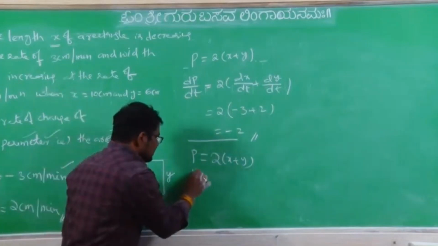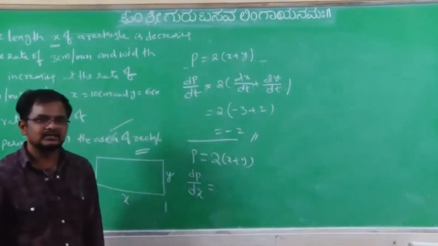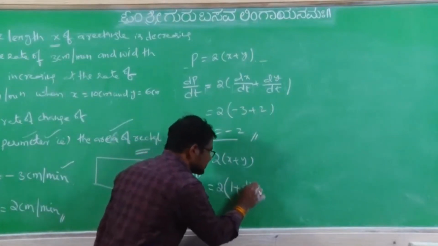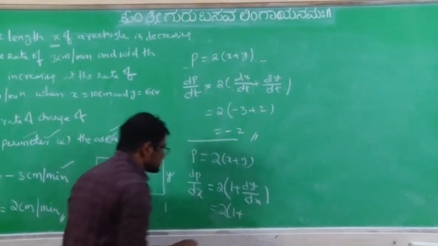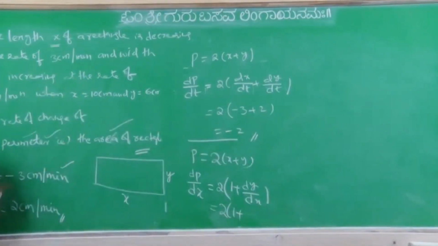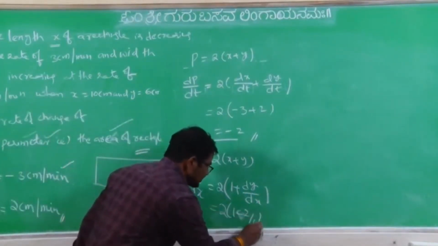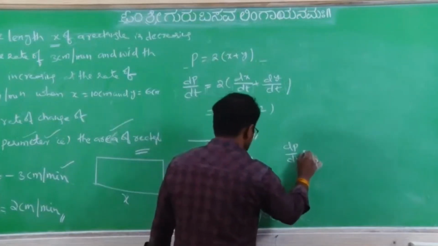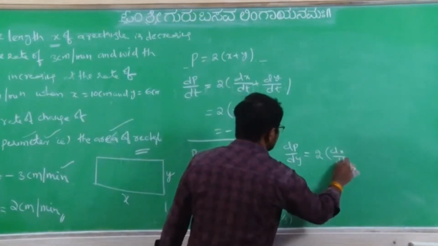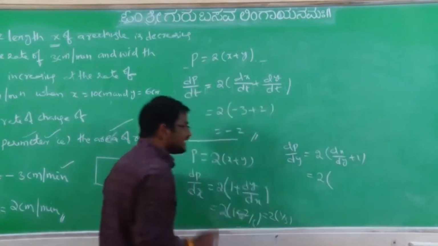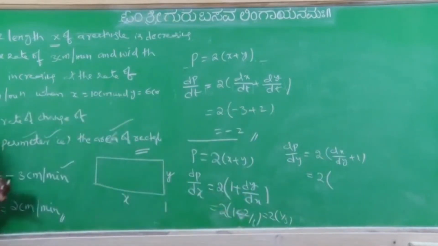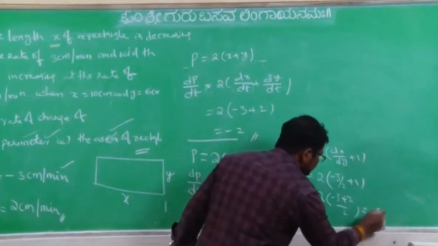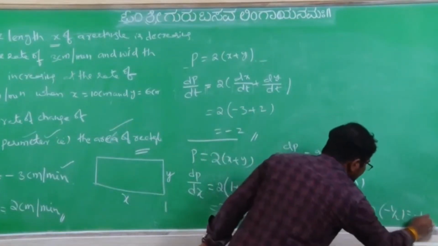Here p equal to 2 into x plus y. Listen, dp by dx, why can't you take it? If you take dp by dx, what will you get? 2 into, differentiating with respect to x, 1 plus dy by dx. dy by dx means minus 2 by 3, so that is equal to 2 into 1 minus 2 by 3, that is 2 by 3. And why can't you take dp by dy equal to 2 into dx by dy plus 1, differentiating with respect to y? 2 into dx by dy, minus 3 by 2, plus 1, that is 2 into minus 3 plus 2 by 2, that is 2 into minus 1 by 2, that is equal to minus 1.